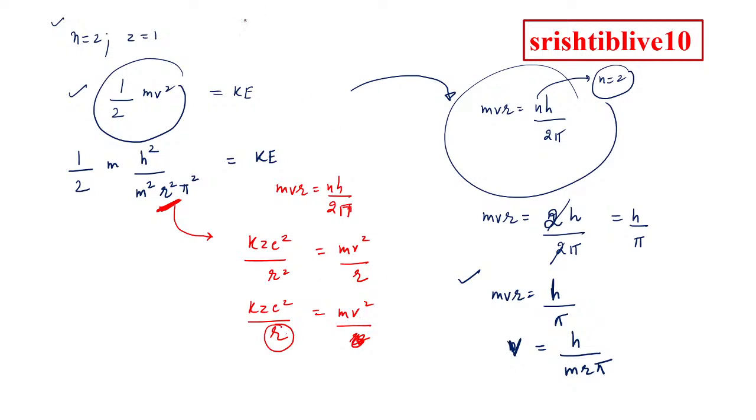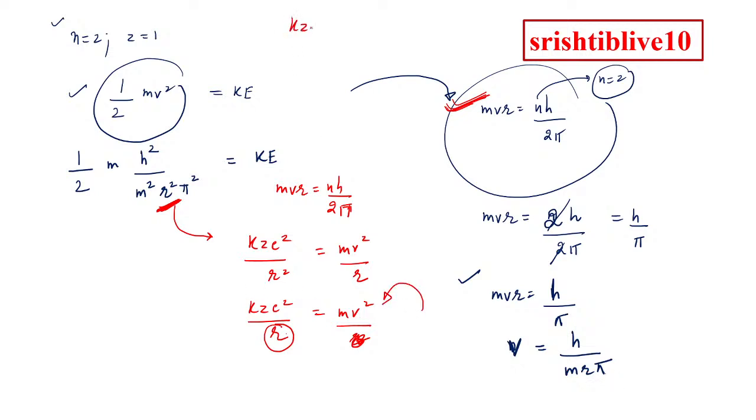We know now that kze square by r is equal to mv square. I have to find the value of r, so I'll use this expression again. mvr is equal to nh by 2 pi, and this n is equal to 2, so mvr is equal to h by 2 pi. So velocity is h by mr pi. I'll be substituting velocity again over here.